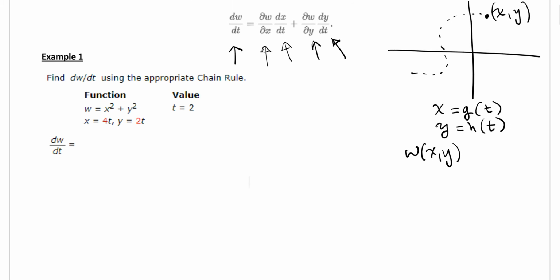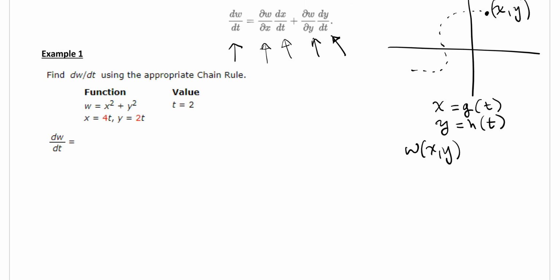So let's dive into this example here. Find dw dt using the appropriate chain rule, which is this one. W equals x squared plus y squared. X equals 4t, y equals 2t. And then we'll ignore this value, t equals 2, for a moment.